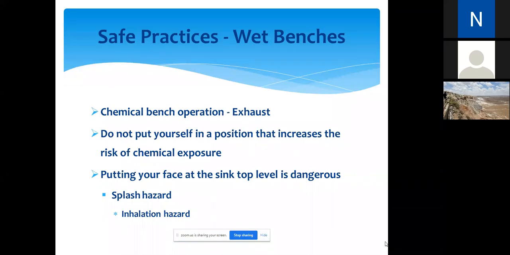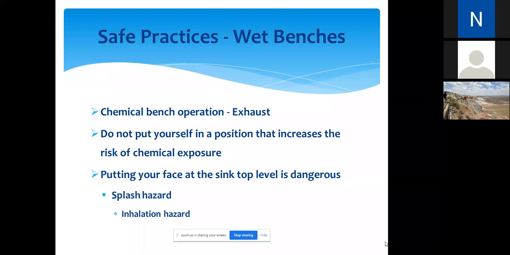Safe practices at the workbenches. So we talked a little bit about how, if you're working with chemicals, you need to be at a chemical workbench or fume hood. Some labs or some clean rooms do have their fume hoods in sets.